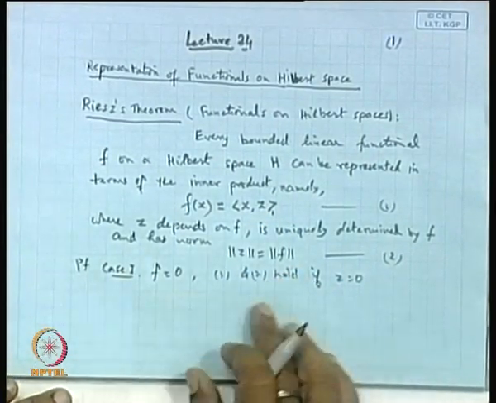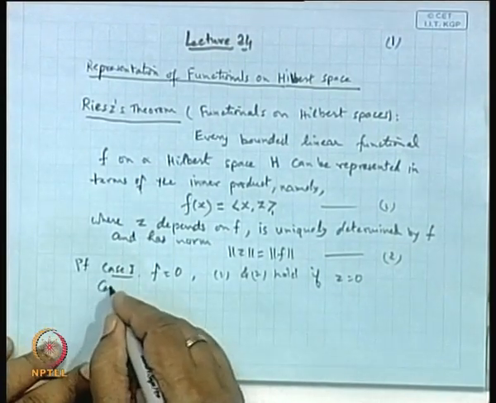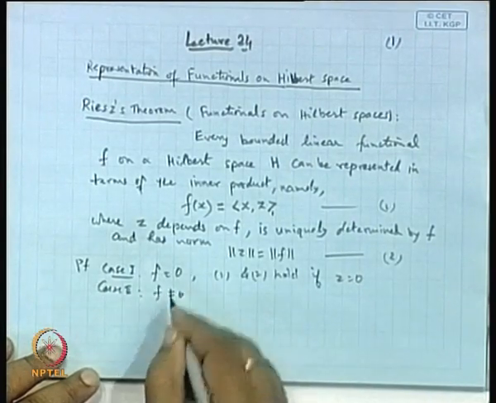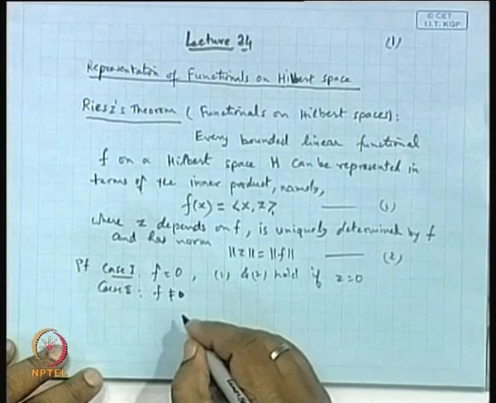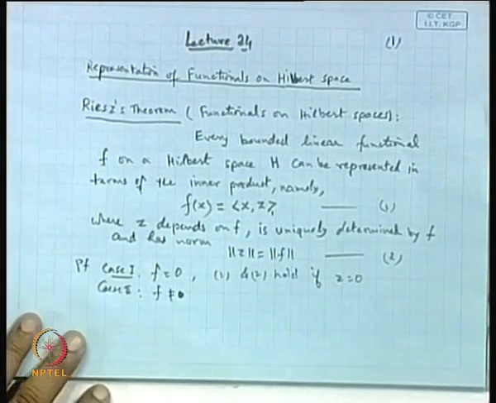So this holds with z equal to 0, and there is nothing to prove here. Now let us take the case when f is not 0, that is, it is a non-zero bounded linear functional on H.